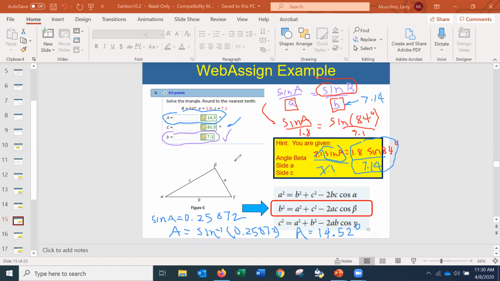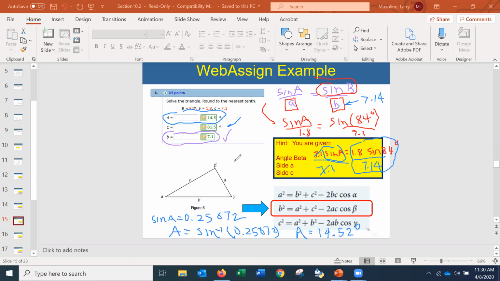Okay, so folks, as you're solving some of these examples, you do have flexibility to either use law of sines or law of cosines. It's really up to you to use whatever you think is the easiest method. Sometimes you're forced to use one or the other, because if we had tried to solve this problem initially using law of sines, it would have led us to a dead end.